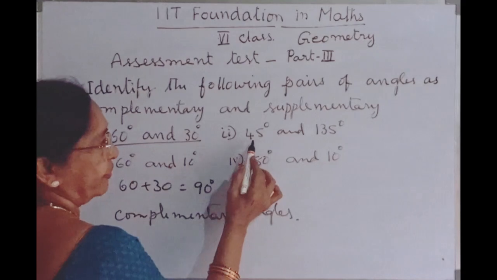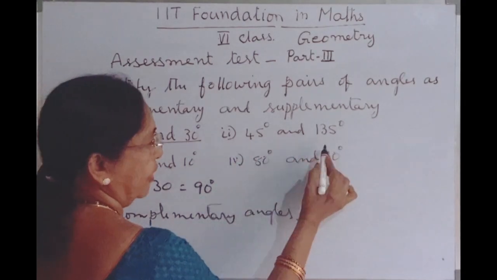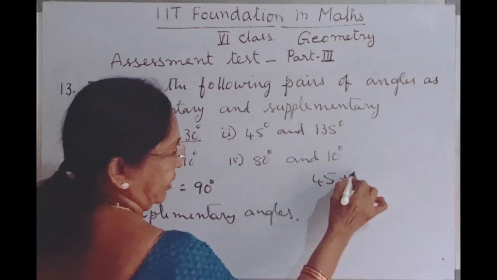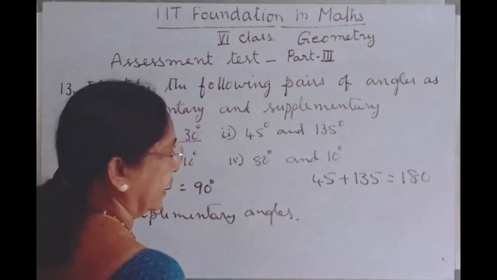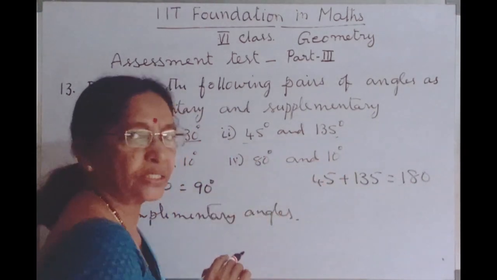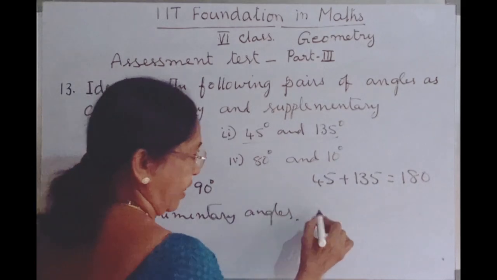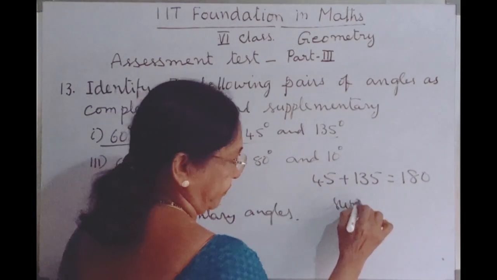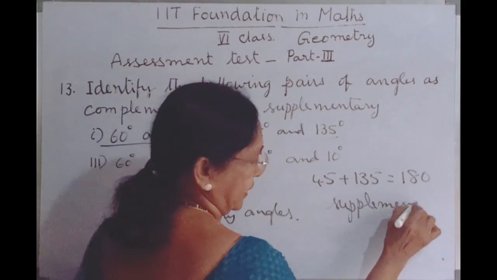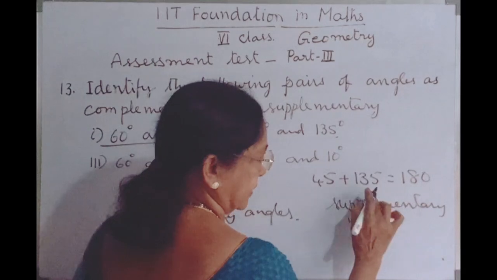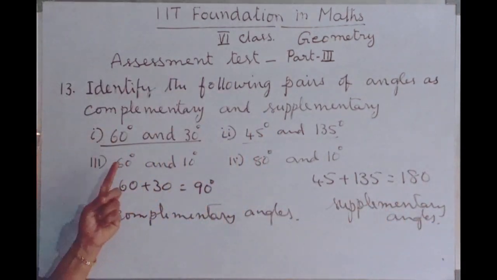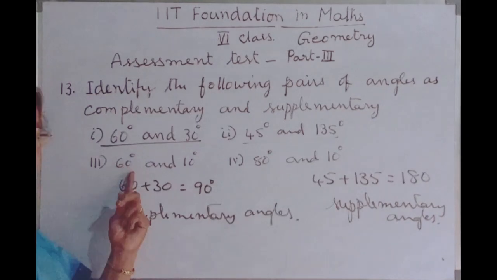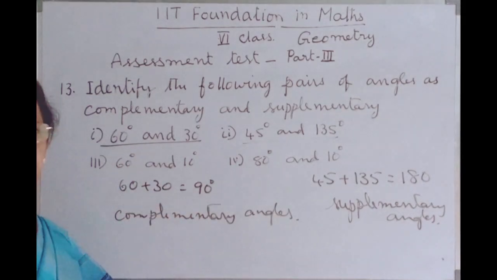Next, 45 and 135. So, the sum of 45 and 135 is equal to 180. Therefore, this pair of angles are supplementary. Supplementary angles. Next, 60 and 10. The sum of 60 and 10 is 70 degrees.